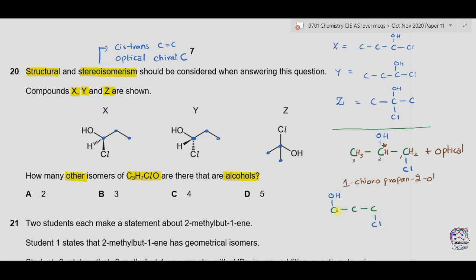Rest are the hydrogens: we have 2, 2 and 2 hydrogen atoms. As we can see, none of the carbon is chiral, so there is no optical isomer for this compound. The name of this compound is 3-chloro-propane 1-ol.